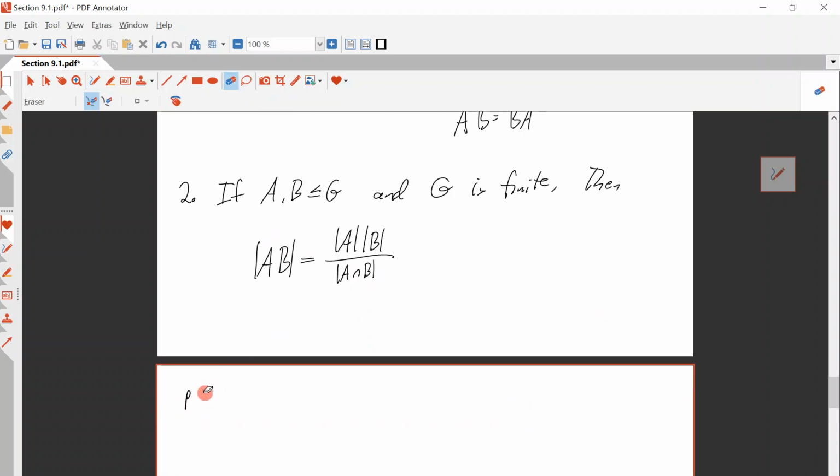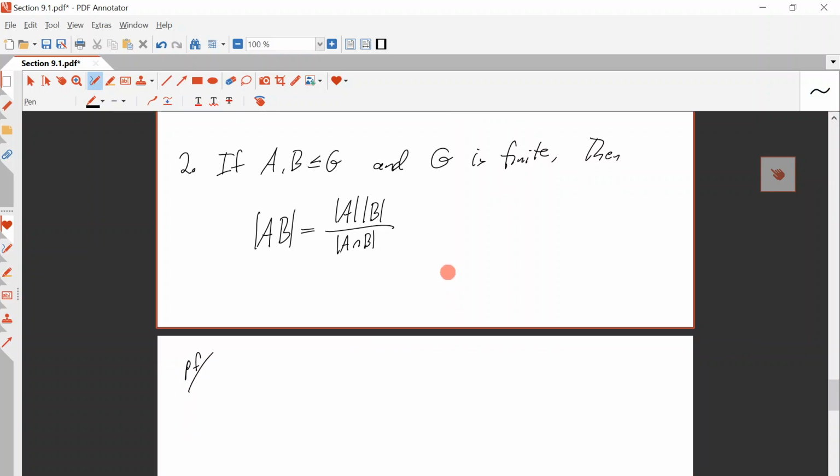That's an important property. First of all, AB is a set of cosets.